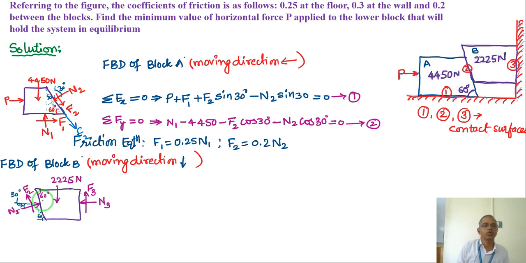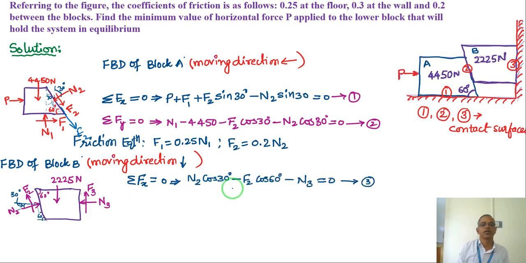So N2 perpendicular, F2 upward. Angles are already mentioned. Again, write the summation of Fx. The x direction forces are minus N3, then N2 cos 30, then F3.